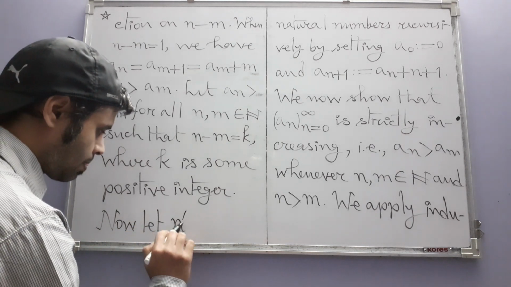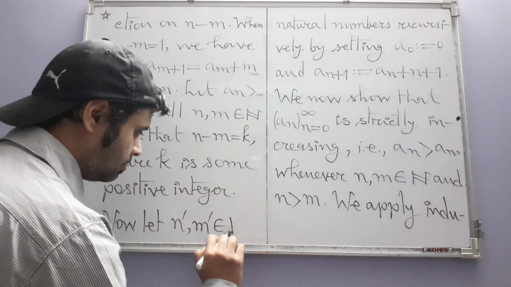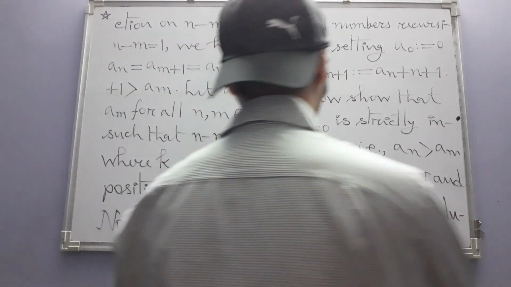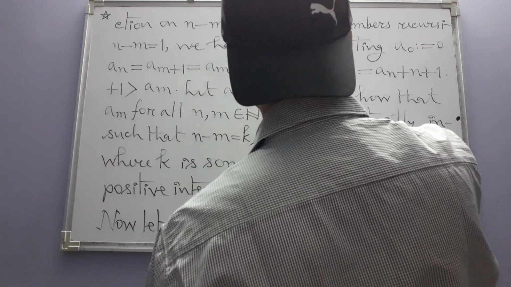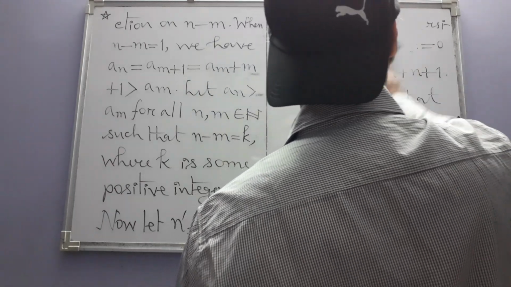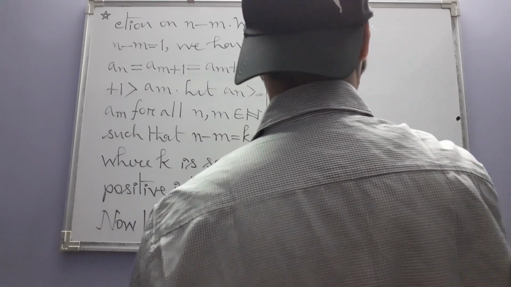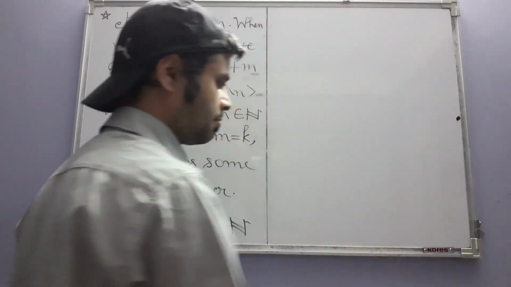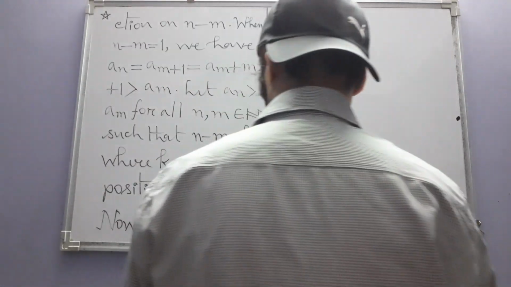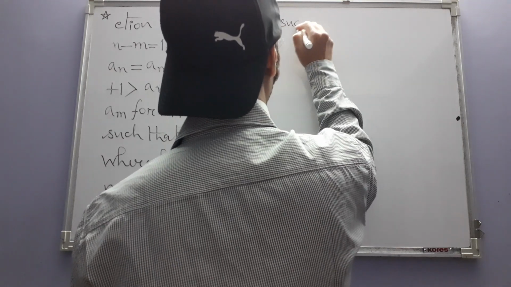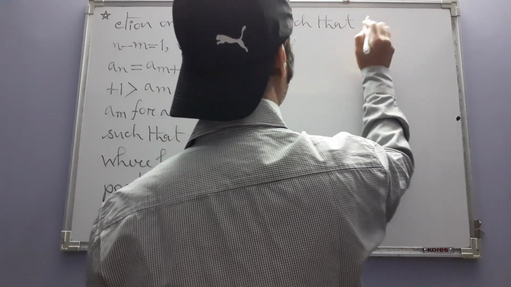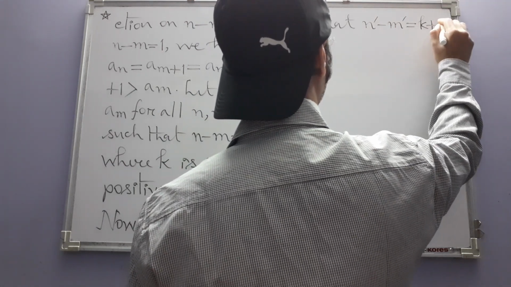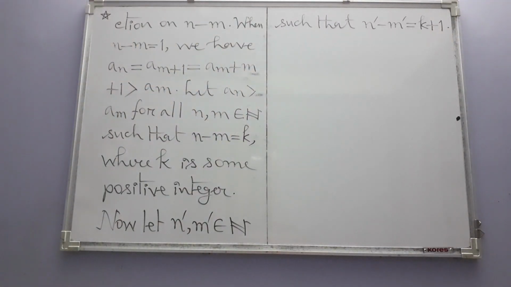Now let n prime and m prime be natural numbers such that their difference is 1 more, that is k plus 1. n prime minus m prime is k plus 1.